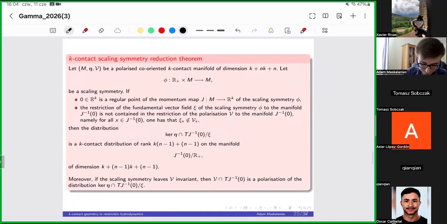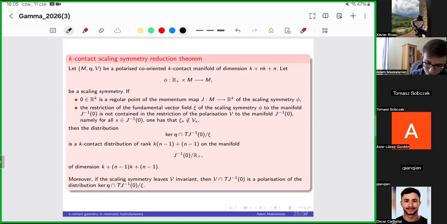So now to set this reduction theorem, I need some assumptions. So at first, I assume that I have a polarized co-oriented k-contact manifold of dimension k+n, and a scaling symmetry such that 0 is a regular point of our momentum map of the scaling symmetry.